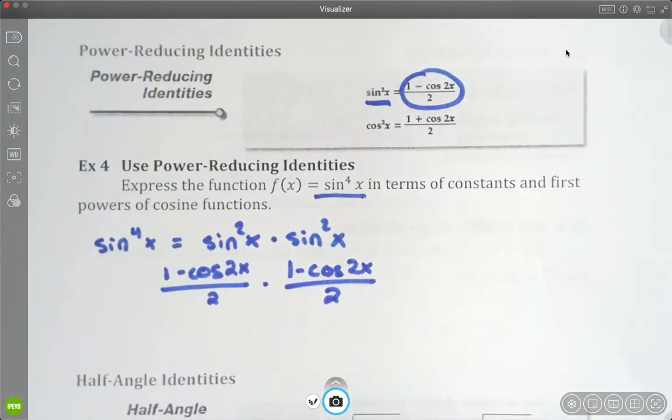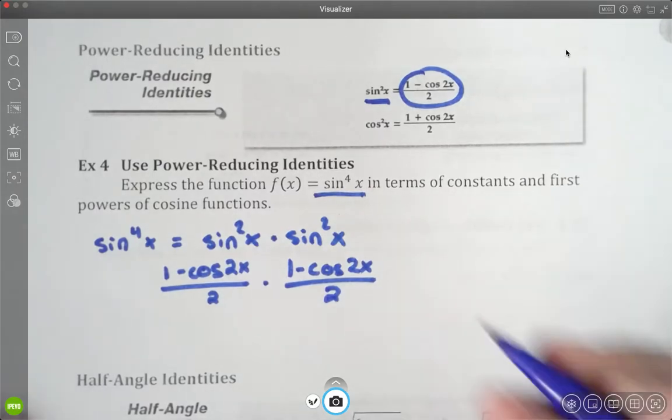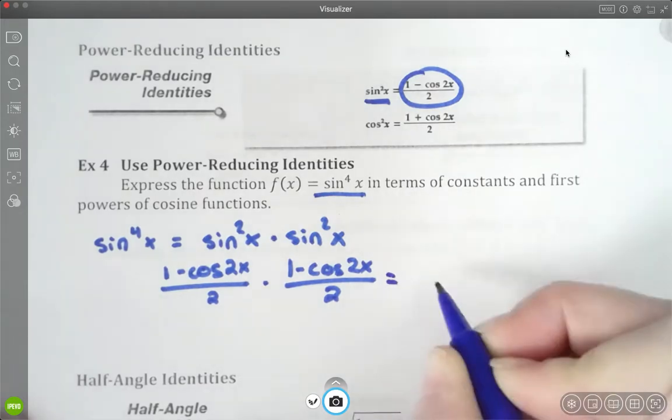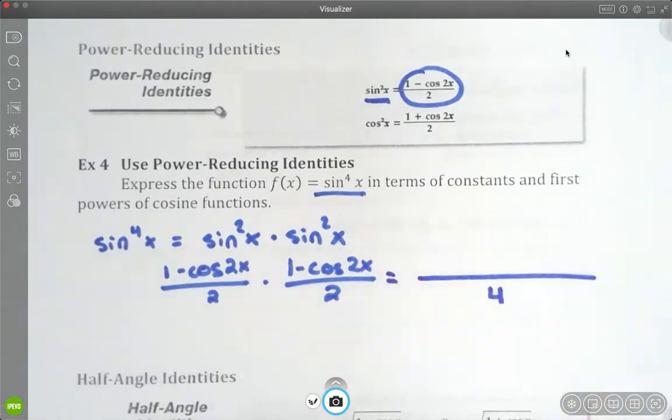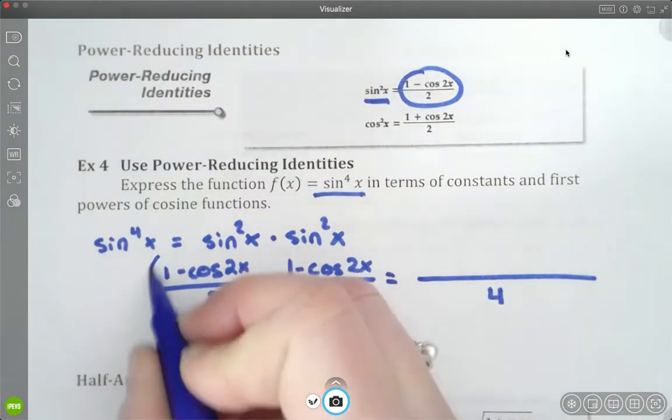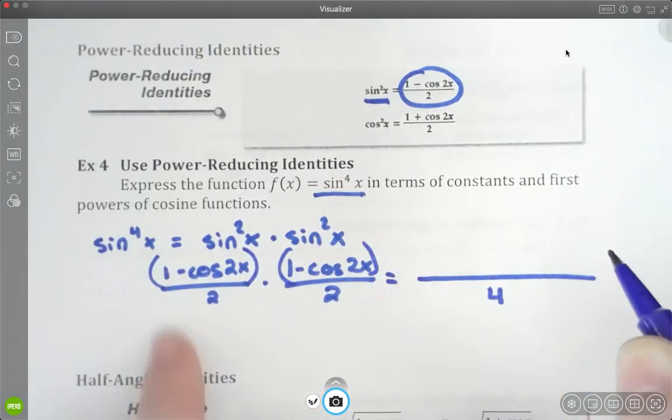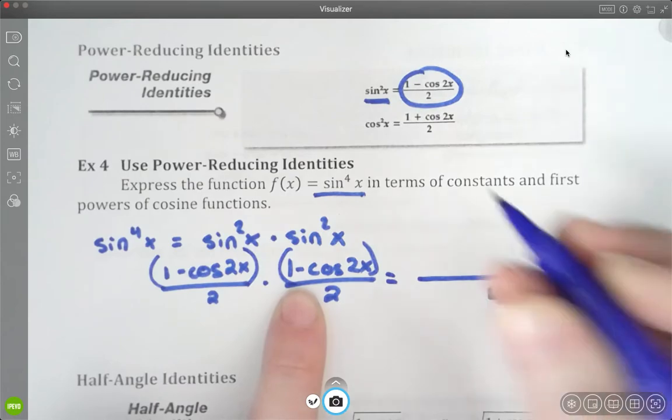And now I want to combine stuff, okay? So I'm going to multiply this through. On the bottom, my bottom number is 4, yeah? 2 times 2 is 4 on the bottom. That's the easy part. What do you have to do at the top? Foil, right? Those are 2 pieces. So we're going to foil this times this, okay? 1 times 1 is 1.